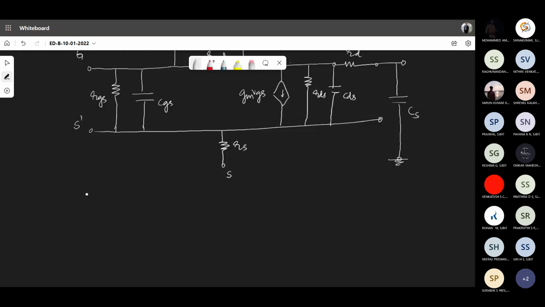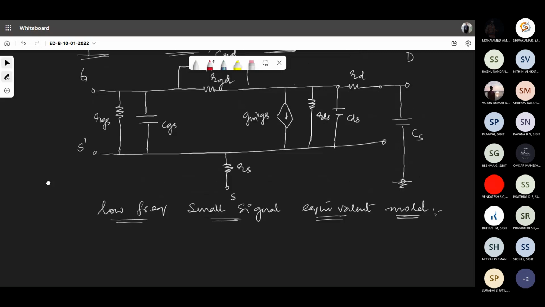Low frequency small signal equivalent model. Remember, the earlier one was the high frequency small signal equivalent model. Now it is low frequency.